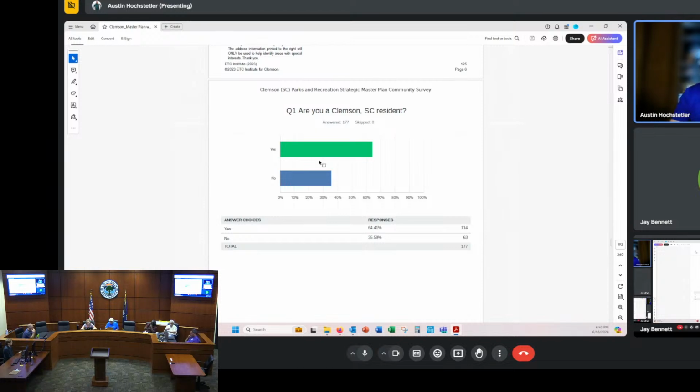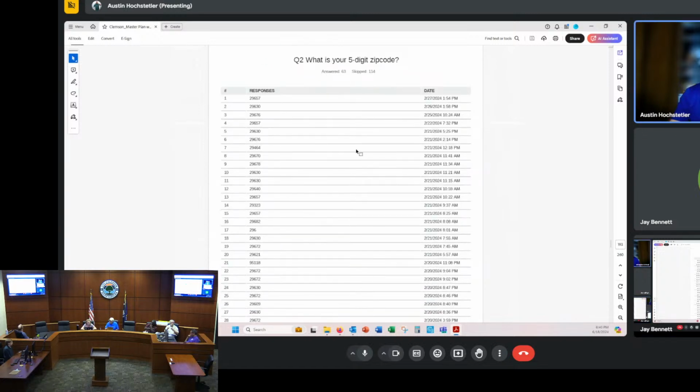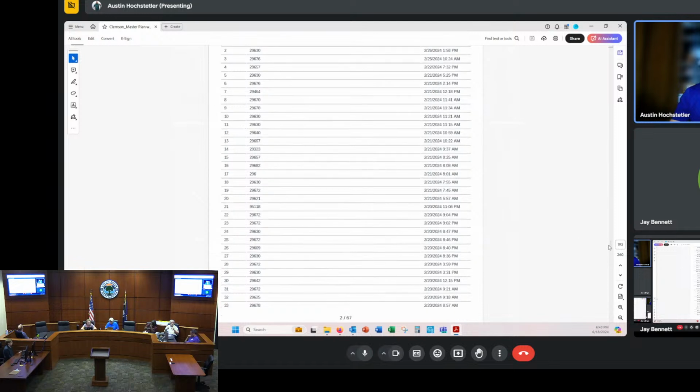One point about this, too, is we did have people that did this not as residents, so it is a self-selected survey, but we did capture that because then we can see where people are actually coming from as well. And so I think it's important to note that Clemson is not just an agency and a system that serves Clemson residents. It also does have a little bit of a regional draw to it too, and I think that's important to know when we're doing these planning processes.